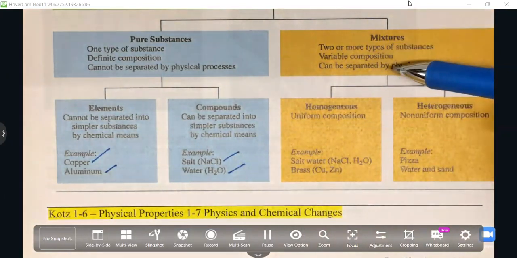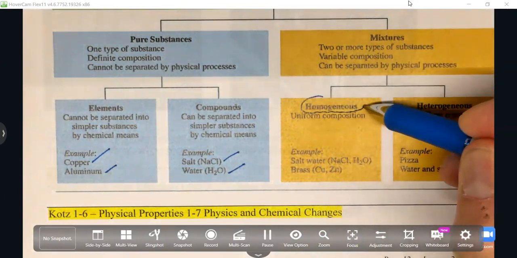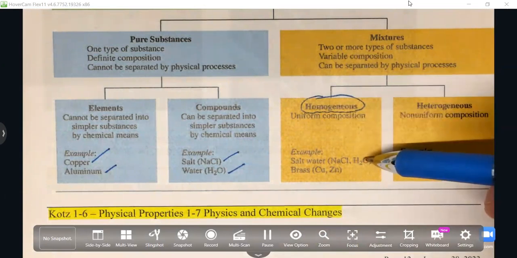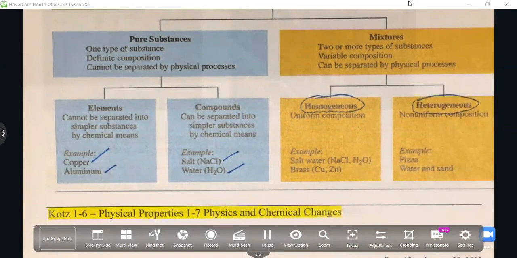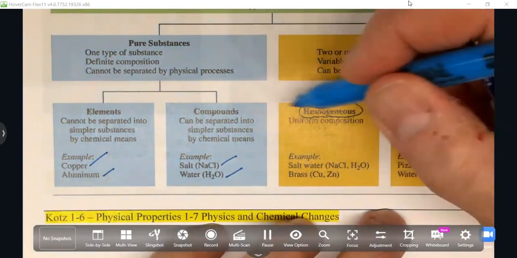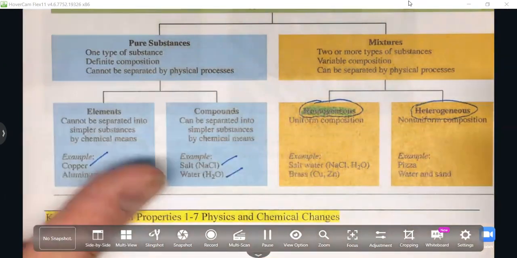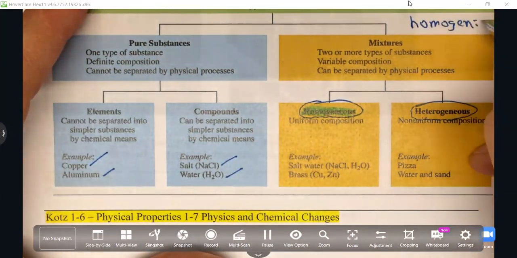If we have a mixture, homogeneous, uniform throughout, or heterogeneous. Now, you may have seen a word like this when you were young, because the word was this.